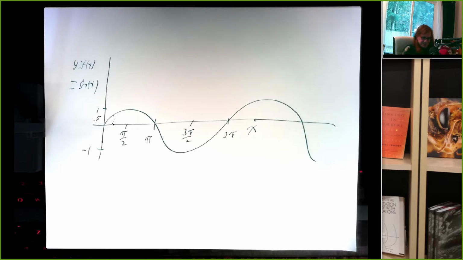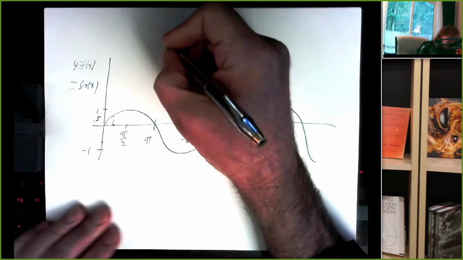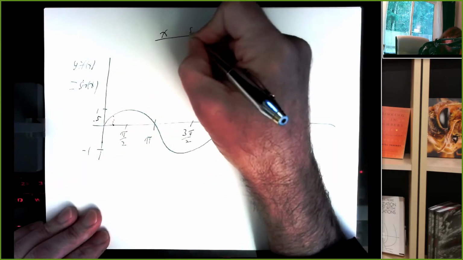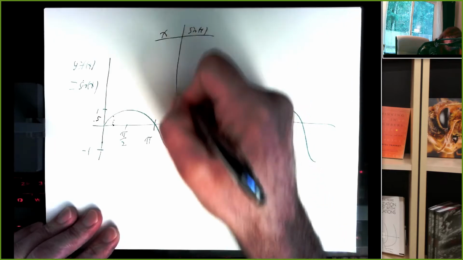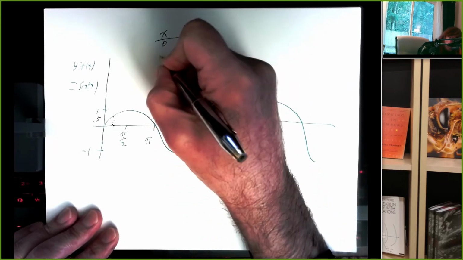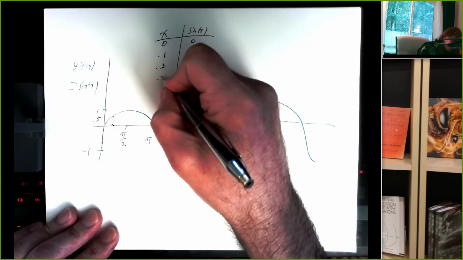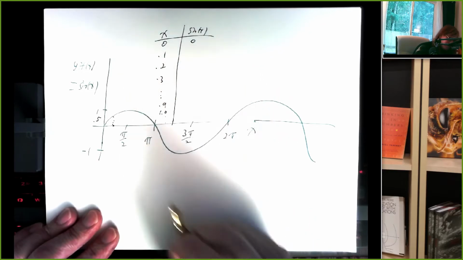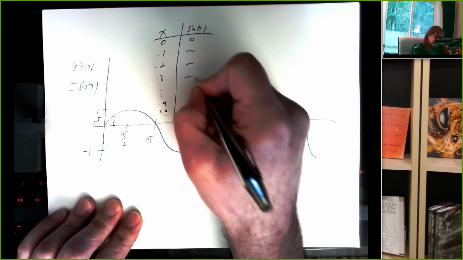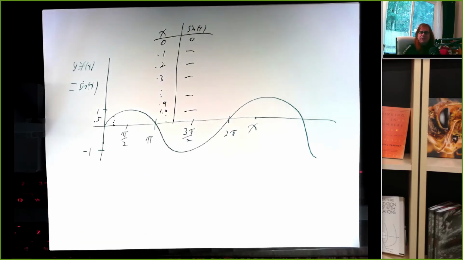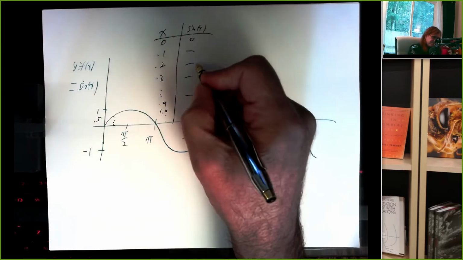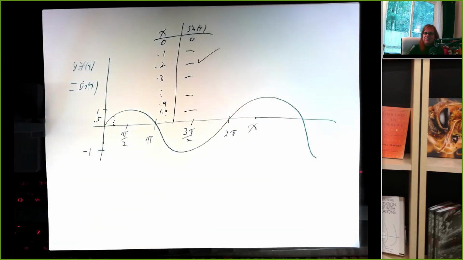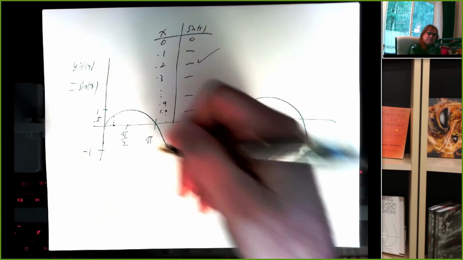But I could also make a table. I could call it x and sine of x. And 0 would be 0, and 0.1 would be something, 0.2, 0.3, 0.9, 1.0, and so on. And I could just list what the sine of each of these different points is. And if I wanted to know the sine of 0.2, it's whatever I wrote right there. If I want more accuracy, I would have more rows in my table.